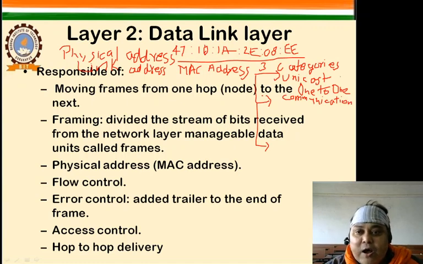Now how can we see this in a network? It looks like this.